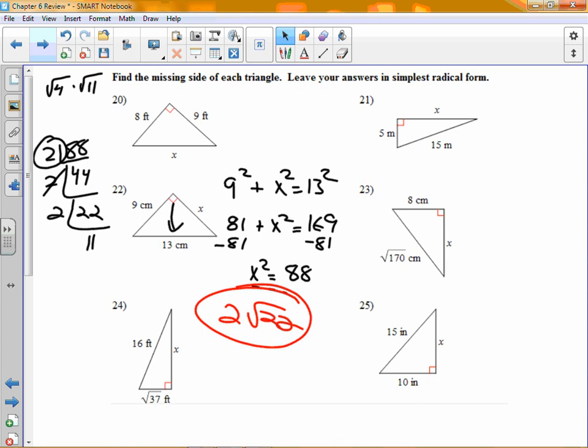Y'all will get frustrated with this stuff, but you're not going to do it perfect. You're going to make mistakes from time to time. What I'm trying to get you to see is catch it. That was an honest mistake. I said 169 minus 81 was 87. Just made a mistake. Less than 5 minutes later, I forgot 2 times 11.